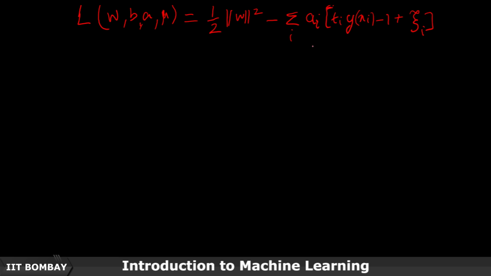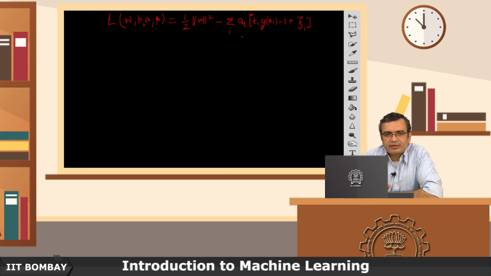So here we have another inequality. That inequality is that this slack variable is greater than or equal to 0. So first of all, we want to minimize the sum of the slack variables, and we want to enforce that all the slack variables are greater than or equal to 0.